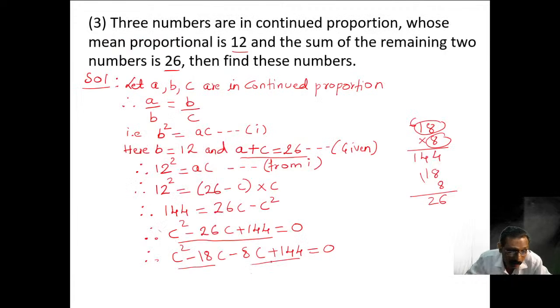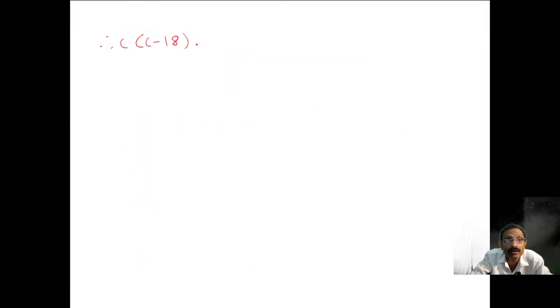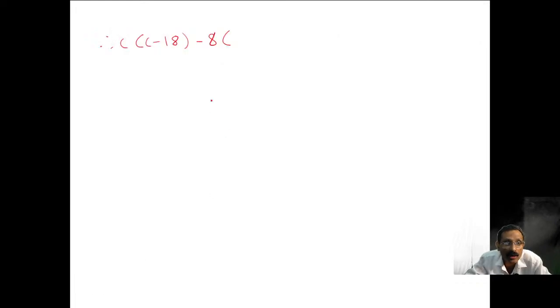And over here, can I take something common? I can take minus 8 as common. So let me put here minus 8. Okay. I've taken minus 8 as common over here. When I take minus 8 as common, what I'll get here? C minus 18, which is equal to 0.